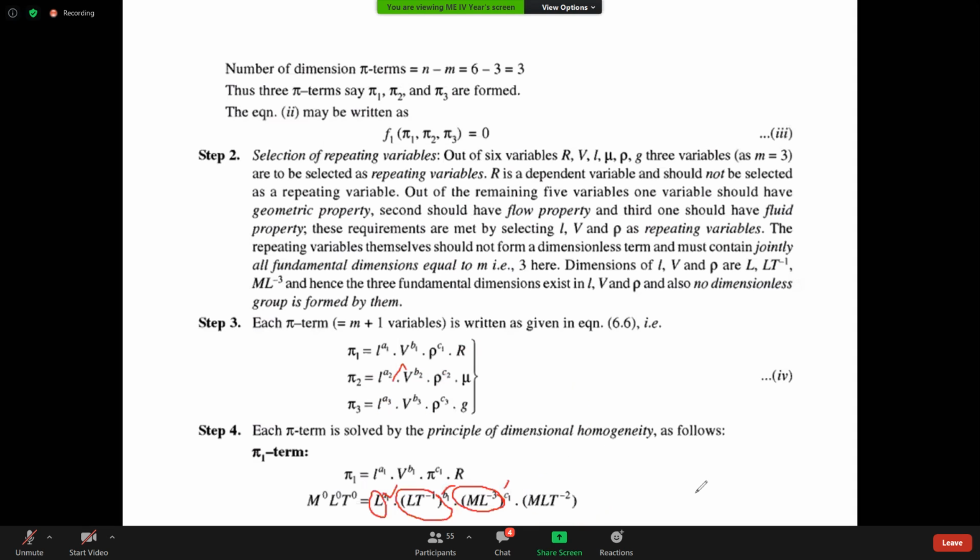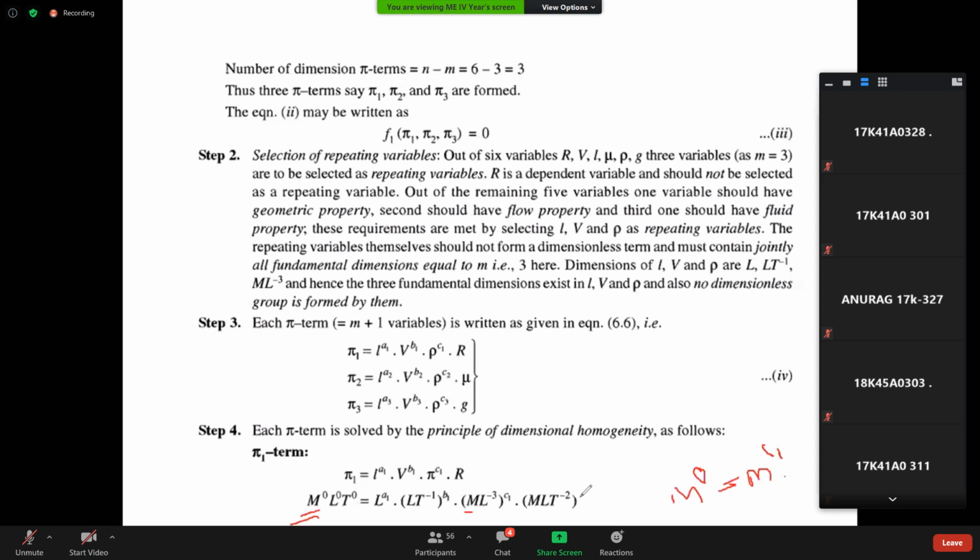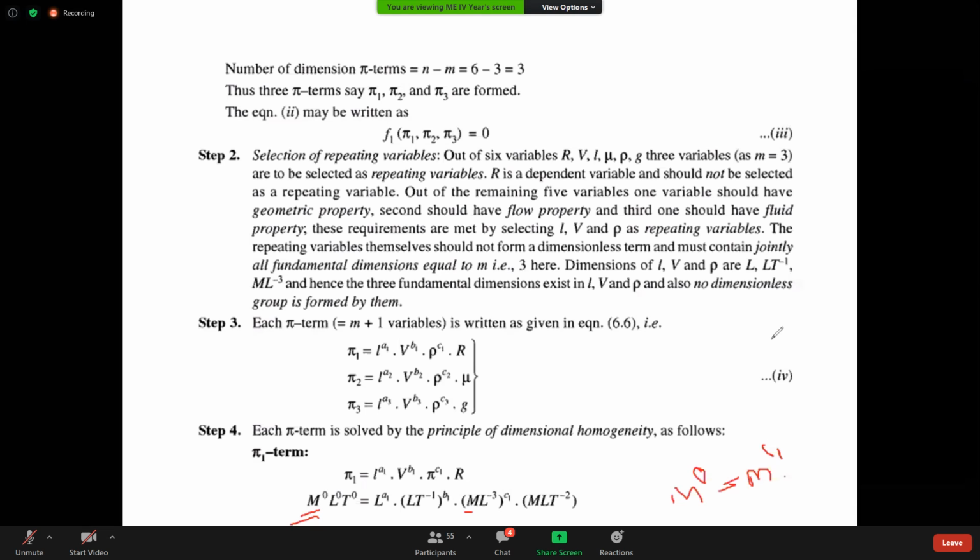Now we have to equate both sides. We have to do some analysis here. Let us take M parameters. Equate M. Whatever M is here, M power C1. And because the base M power 0 is also equal to here M power C1, and in the next slide you will see again M power C1 into M. So this is the base, this is the power, and bases are equal.